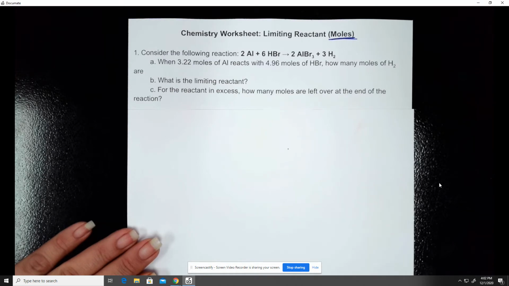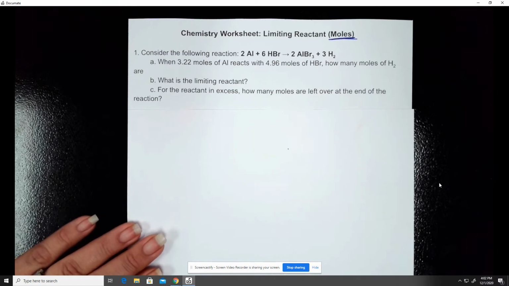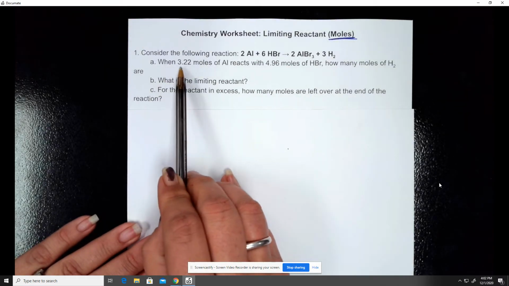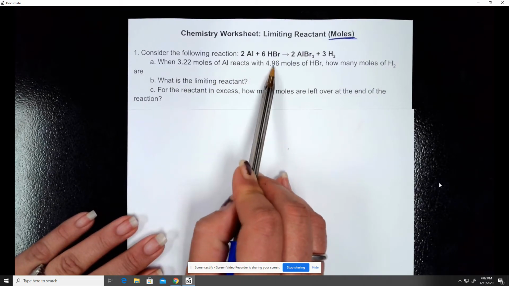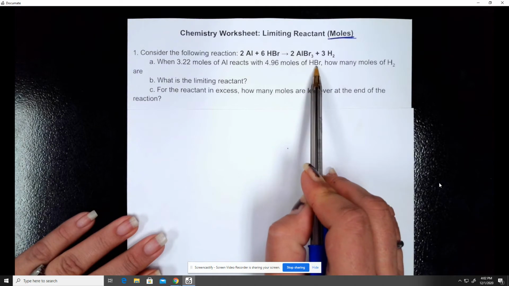So a couple of things to remember about a limiting reactant or limiting reagent problem is that you are always going to have 2 givens in your problem. So in this reaction, on part A, it tells us we have 3.22 moles of aluminum reacting with 4.96 moles of HBr.